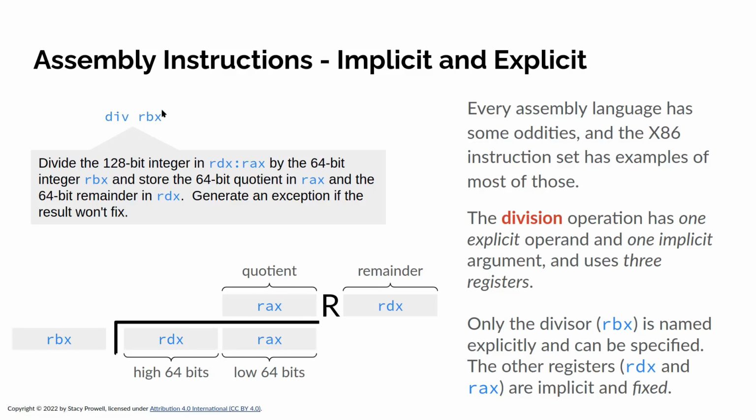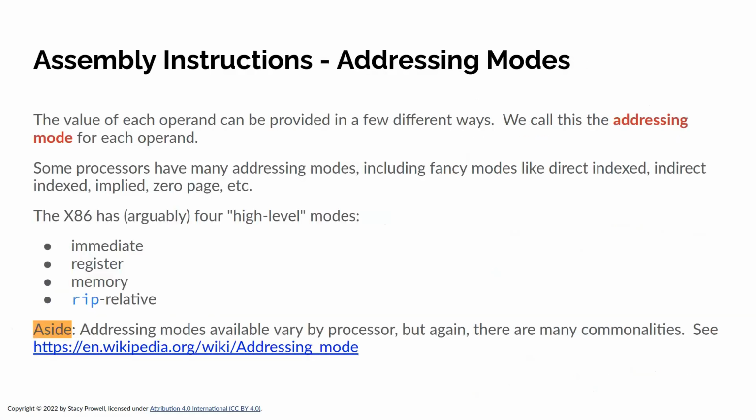And the only thing I get to specify explicitly is this. RAX and RDX are implicit. So this has one operand, two arguments, right? The dividend and the divisor, and uses three registers. It's just fun how this stuff works.